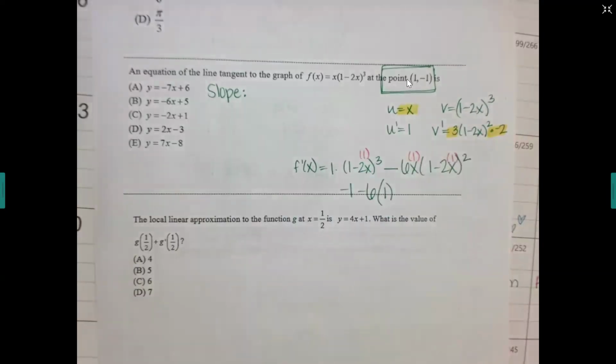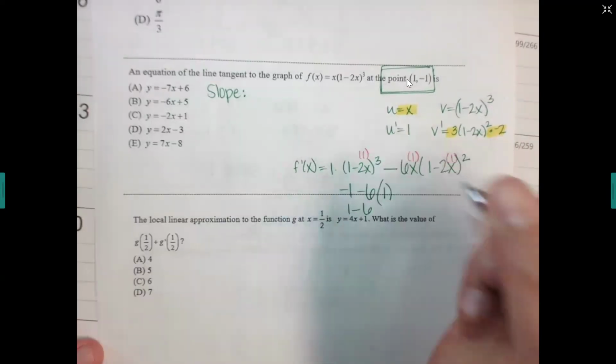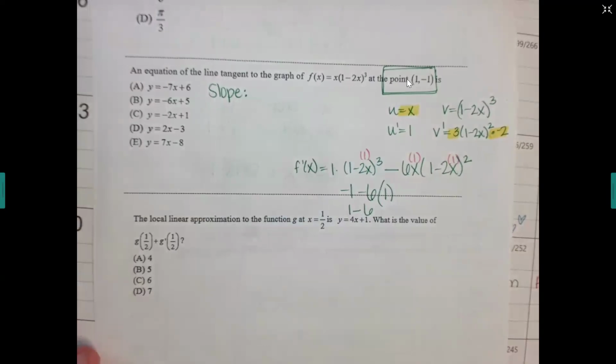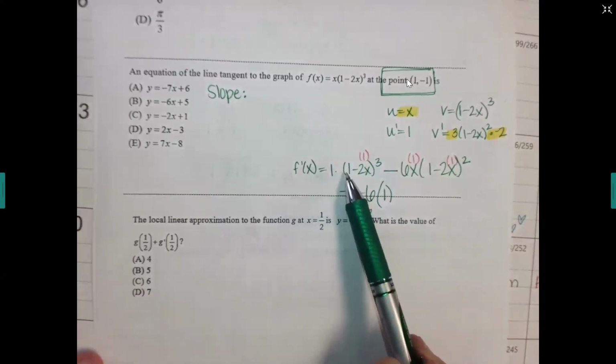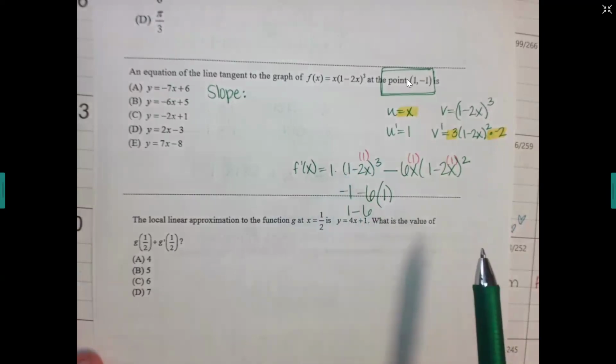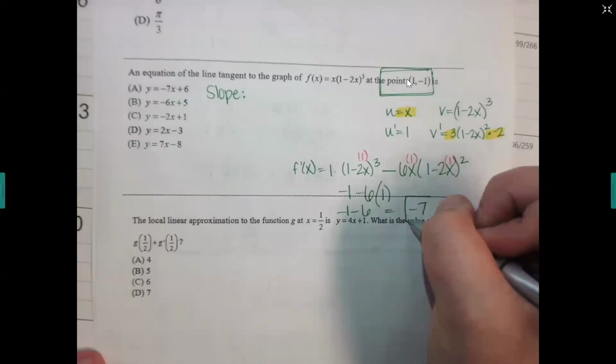Remember PEMDAS, you want to multiply these together first, then add or subtract. So -6 times 1 is a -6. Then I want 1 minus 6. Ooh, which means we messed up. That's not a slope. What did we do wrong? Oh, thank you, which is -7, right?